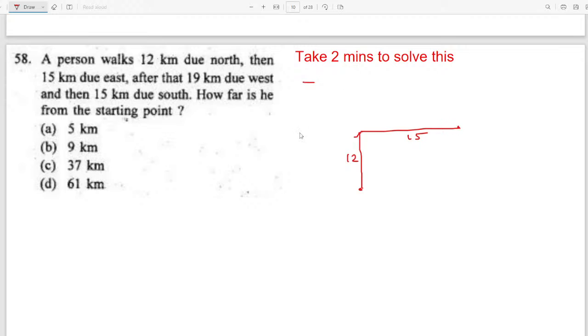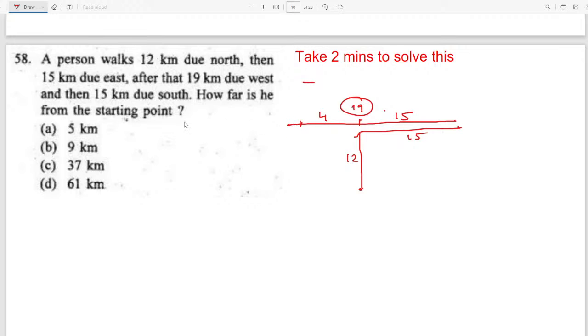So west means again in this direction, so we'll come back in this direction again. This is 19. Since this is 15 kilometers till here, this will be 4. 15 plus 4 is 19. So he has come back again in the west direction.